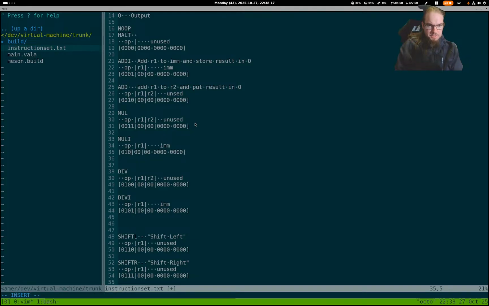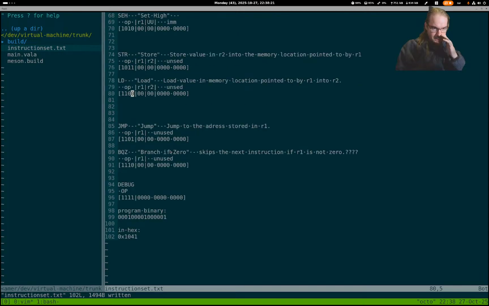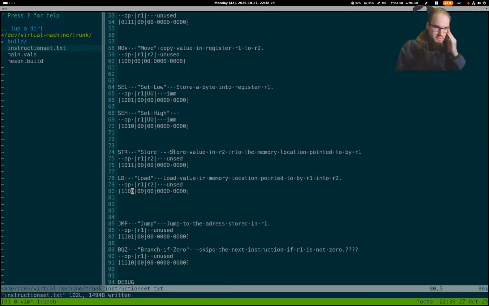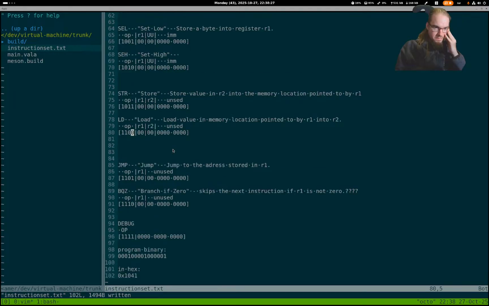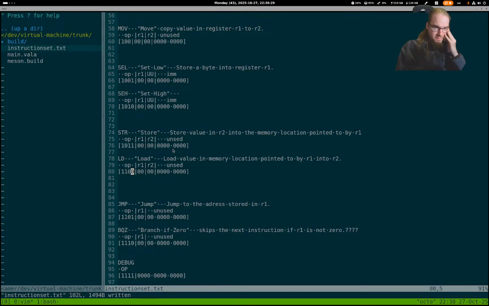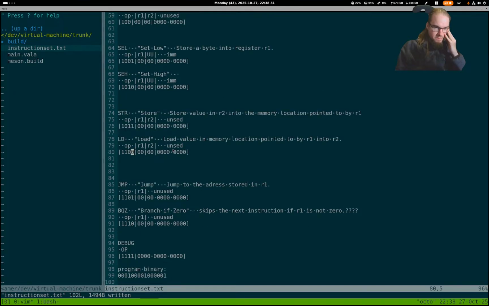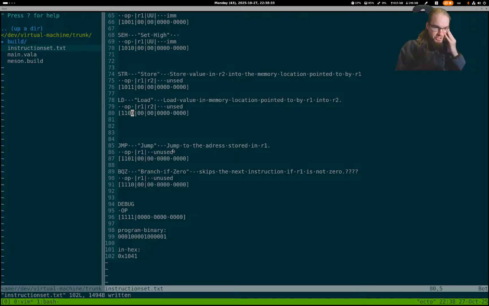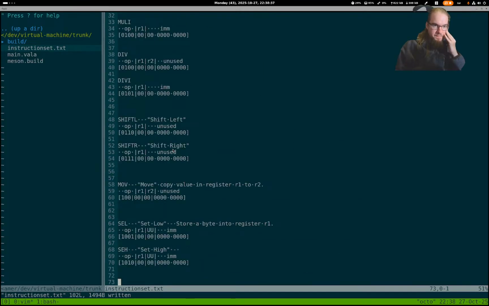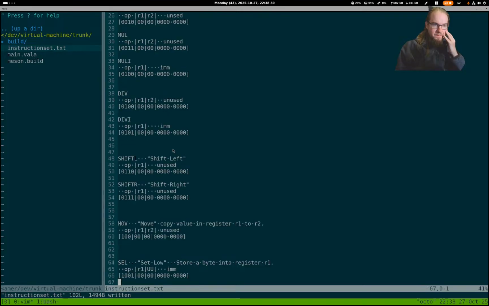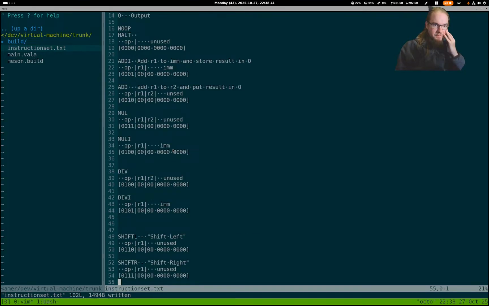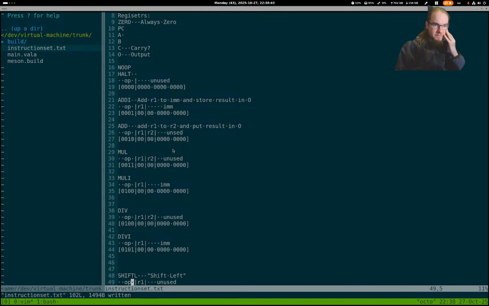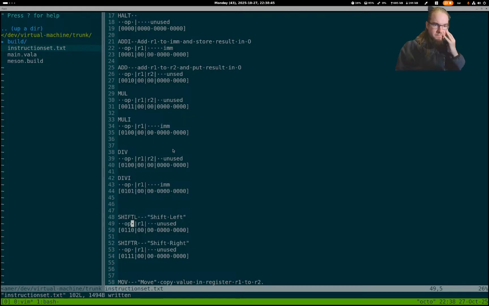Oh shit. I think I got too many instructions. I think I had too many instructions. Oh my god.